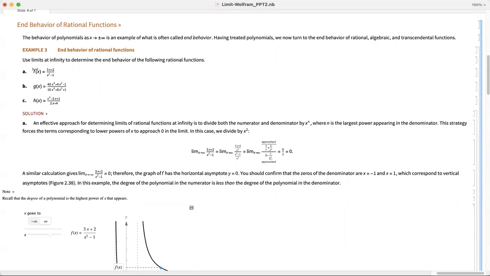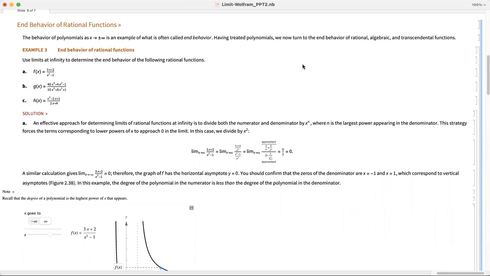Okay, so see problem A. f of x is defined by 3x plus 2 over x squared minus 1. You see that once we get a rational function, not only a rational function, but any function having a fraction, then you need to find out whether there exists a certain number making the bottom one be 0.